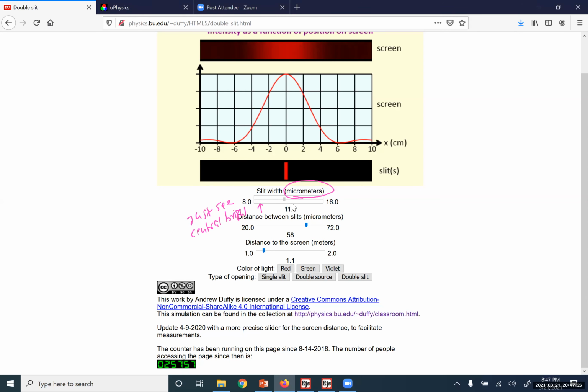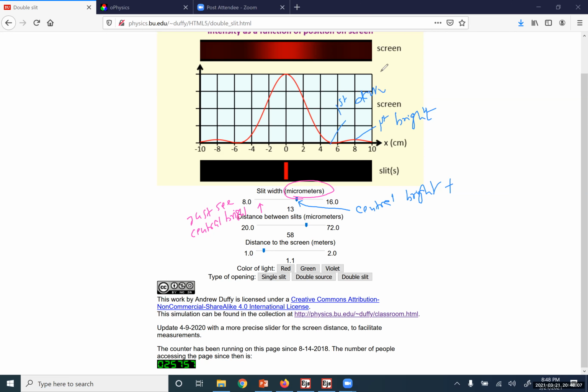Let's say I'm increasing that. If I change this to a number more than 13 micrometer, in this case I can see the central bright, and I also see the first bright position, and I can also see the position of the first dark.